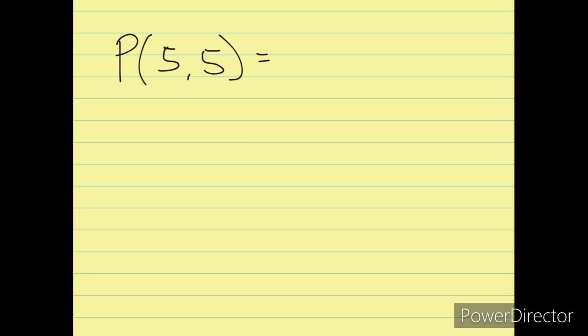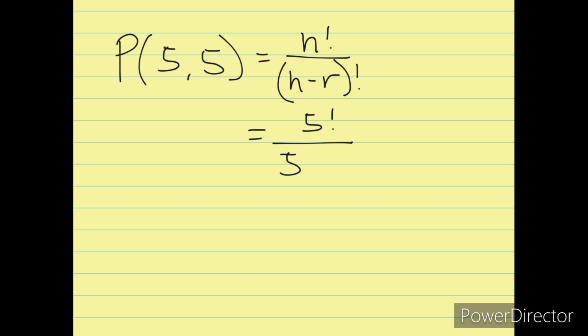Again, using the formula, n permutation all over n minus r factorial. So our n is 5. So 5 factorial over 5 minus 5 factorial. So 5 factorial over 5 minus 5 is 0 factorial.